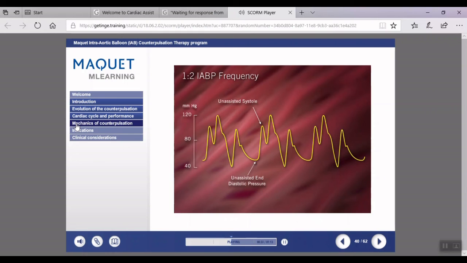If instead of the normal dicrotic notch there is a sharp V followed by a rise in the diastolic pressure, the balloon has inflated, creating diastolic augmentation, which will be followed by assisted end diastolic pressure, then assisted systolic pressure as a result of balloon deflation. The assisted pressures are ideally lower than the unassisted pressures as a result of the afterload reduction that has occurred. Ideally, the augmented diastolic pressure will be suprasystolic, or higher than the patient's systolic pressure.